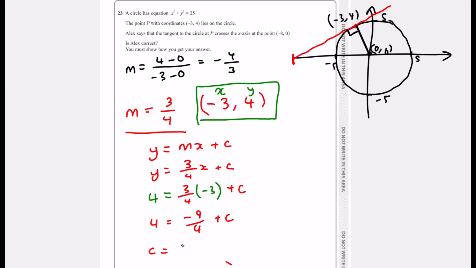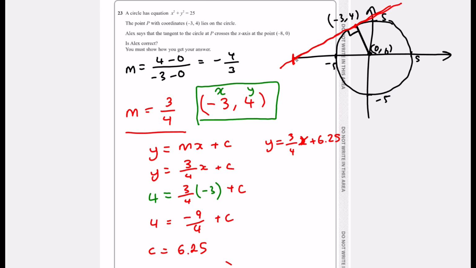So c is 6.25. So I've got the equation of the tangent, y equals 3/4 x plus 6.25. So that's the equation of this tangent.